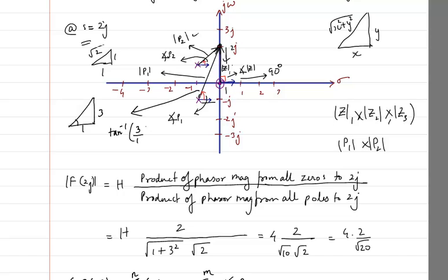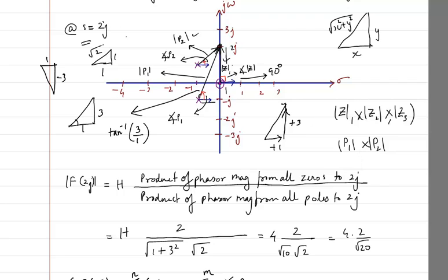In that case, always take care that if the angle is coming in negative, that means if the triangle would have been something like this, then this would have been 1 and this would have been -3. Why? Because it is going down. Whenever we are drawing any arrow, suppose here I have drawn the arrow like this, it means that this is the +3 direction and this is the +1 direction.